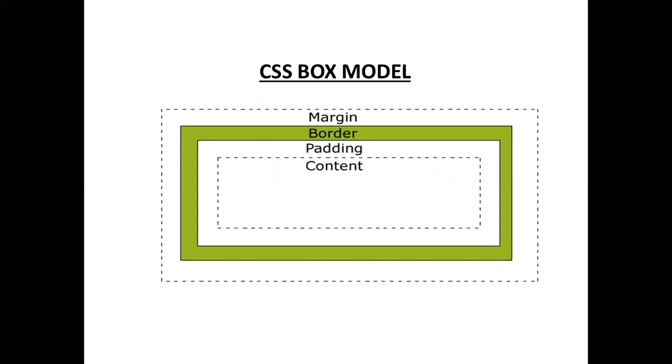It consists of 4 different parts: content, padding, border and margin. Content is the box where text and images appear. Second, the area around the content is padding. Next, the border goes around the padding and content. Next, the area outside the border is called margin.